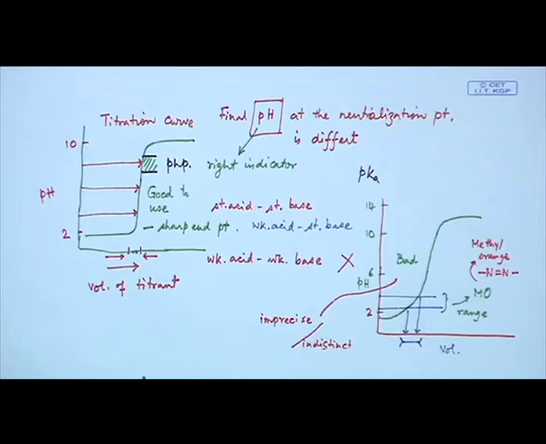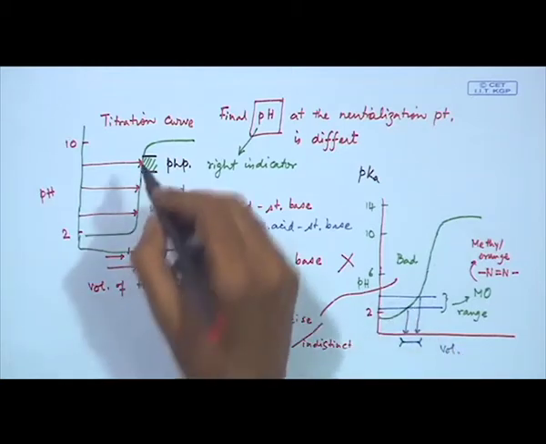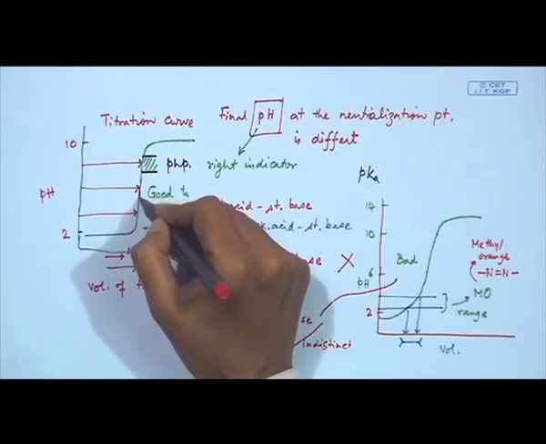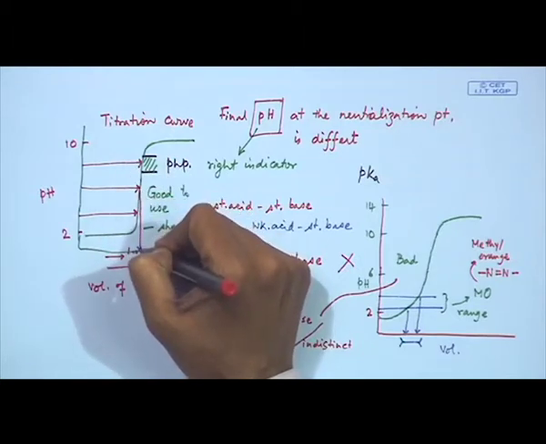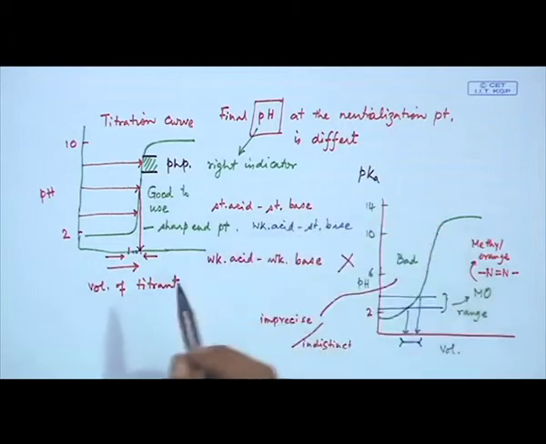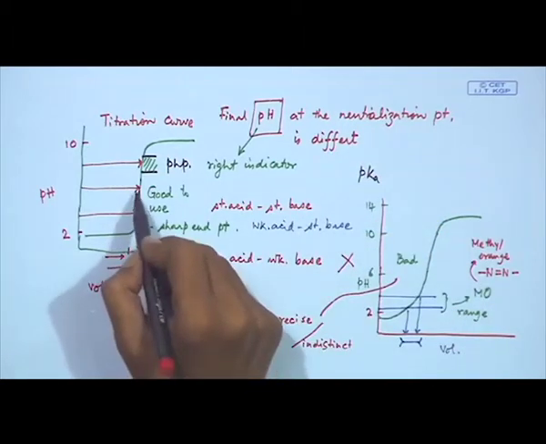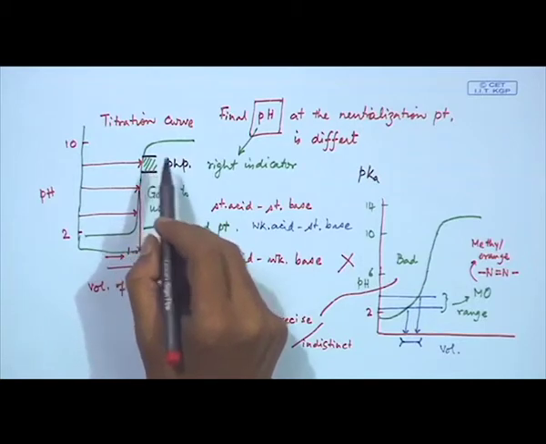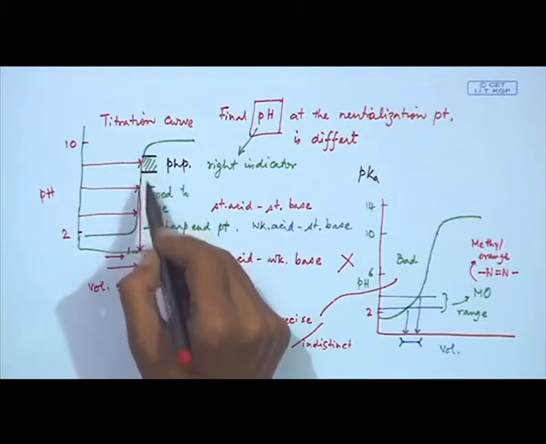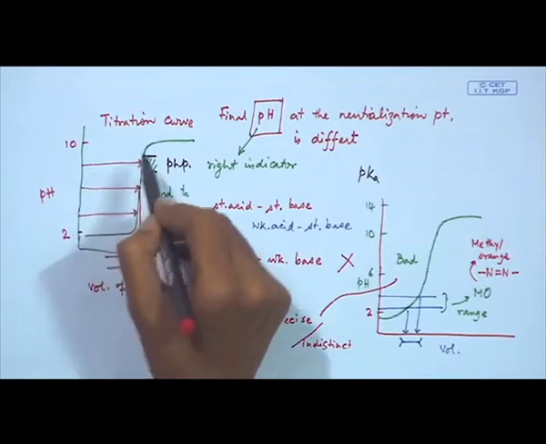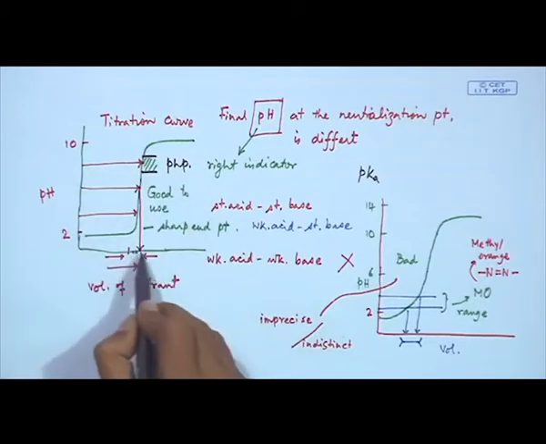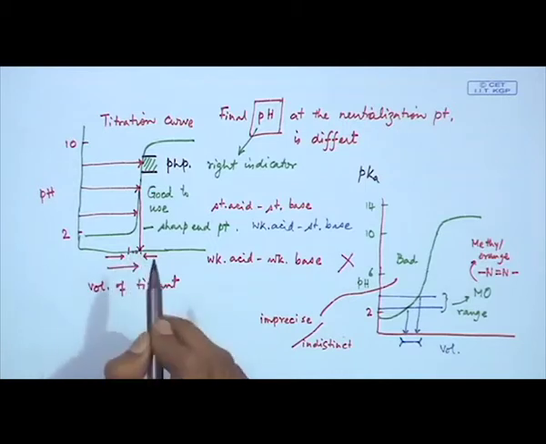So, the corresponding equivalence point will not be detected nicely. As per this curve, we are trying to detect the actual equivalence point by the use of an indicator where it changes its color, but the difference from this point to that point is within a range of 1 drop of the titrant being added.